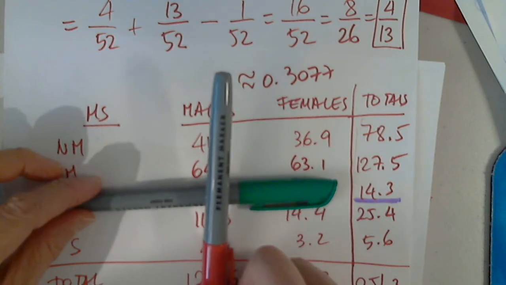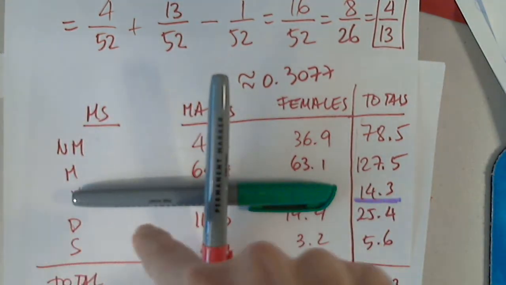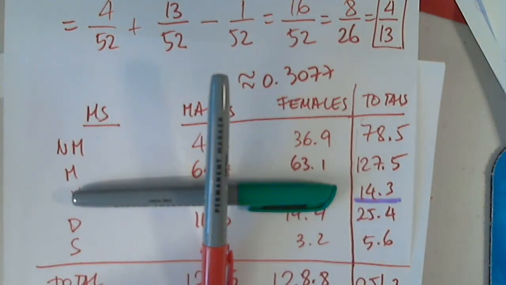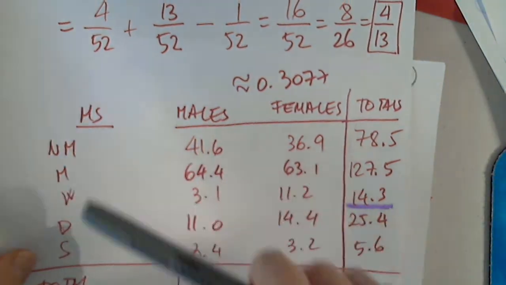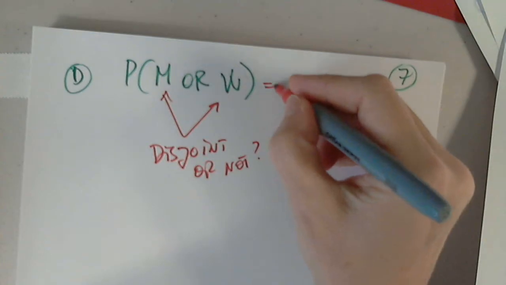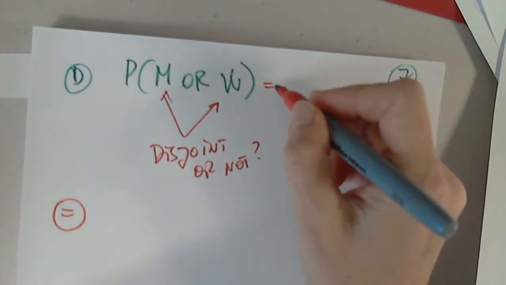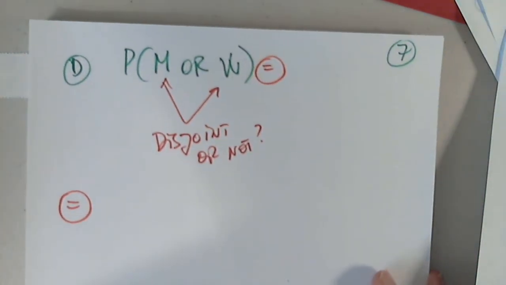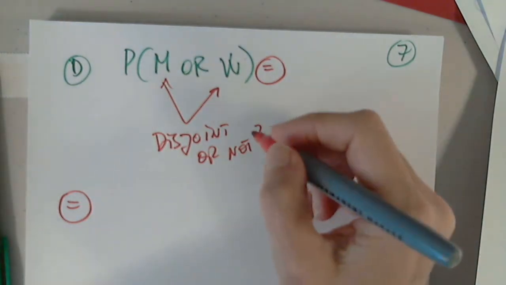But look here. Male, widowed. So are they disjoint or not? Anyone? Not disjoint.